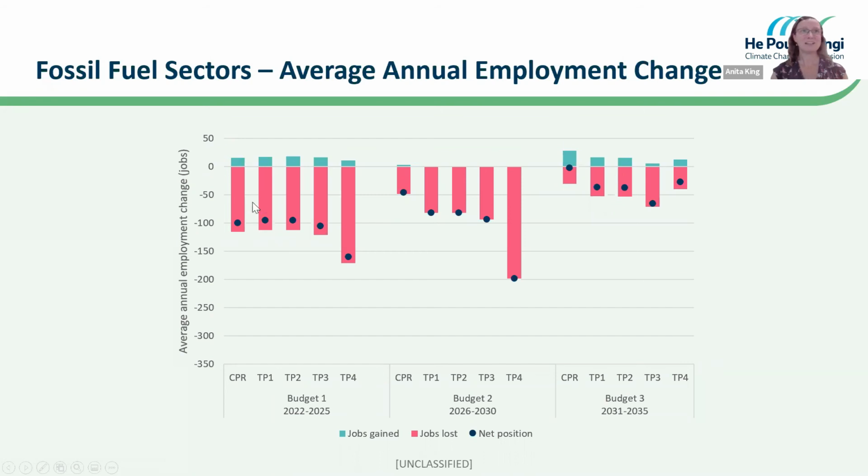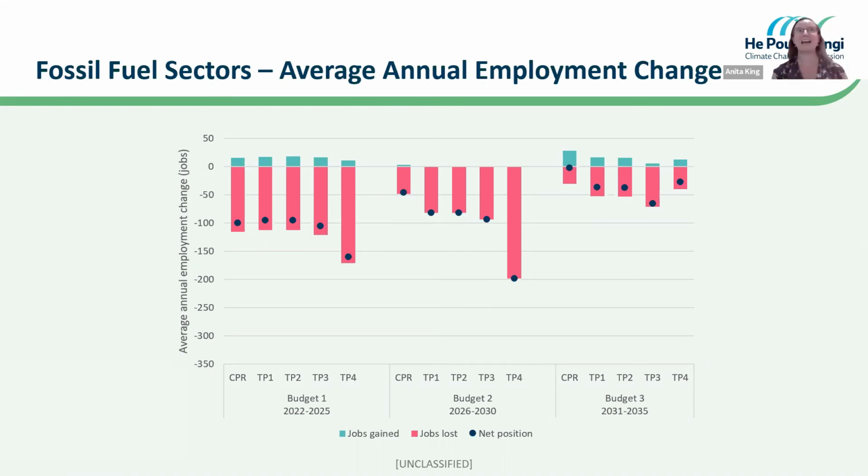In 3 of our 4 scenarios, in some cases, they decline slightly less than they do in our current policy reference scenario. So in these 3 scenarios, in this first budget period, we're losing the same or fewer jobs from these sectors as we would otherwise.